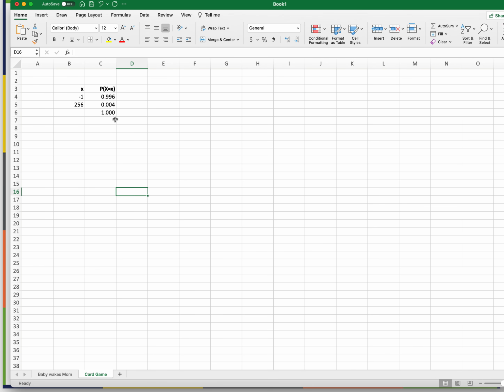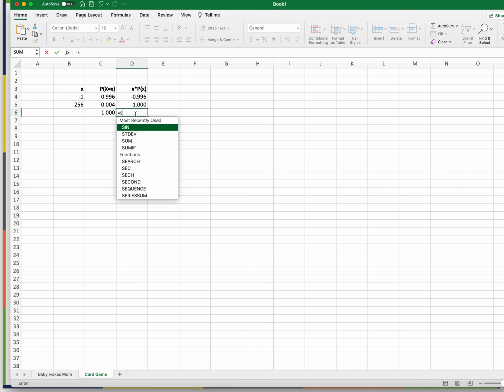So if I want to calculate the mean here, and let me put the word mean right there, I'm going to do X times the probability of X. I'm not doing the sum product, but I could. So this equals minus 1 times this, and I can just pull it down, and that essentially is 1, but if I make these all 3 decimal places, what is this going to add up to?